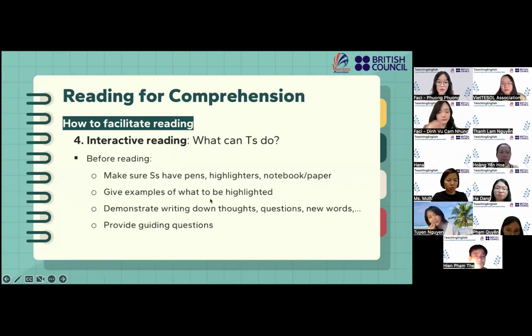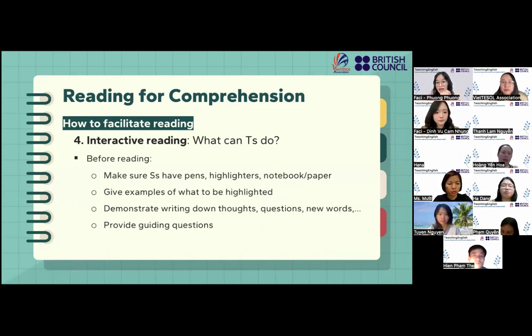So before the reading, make sure that students have a pen, a highlighter, and some paper to write on. Make sure that all students are well prepared to read and write. And then we should model what the students should do. So for me, I would read together maybe the first paragraph with the students, and then give examples of what I would highlight, write down some new words, write down a question that I have.